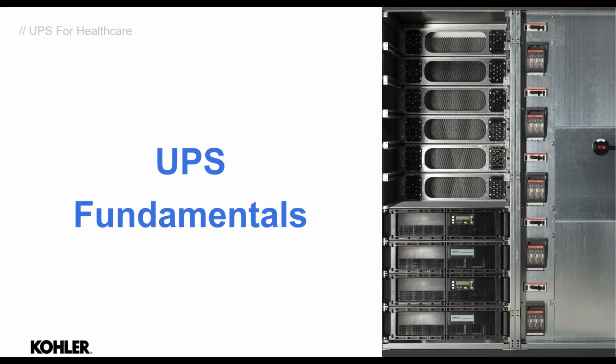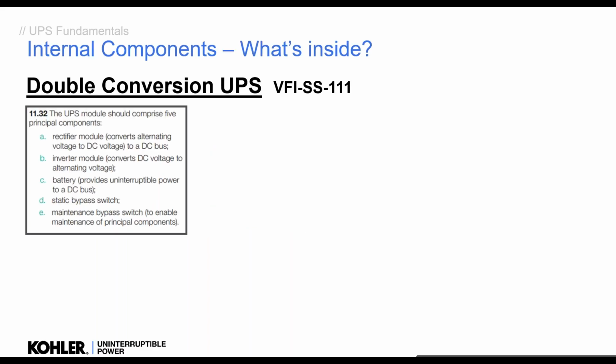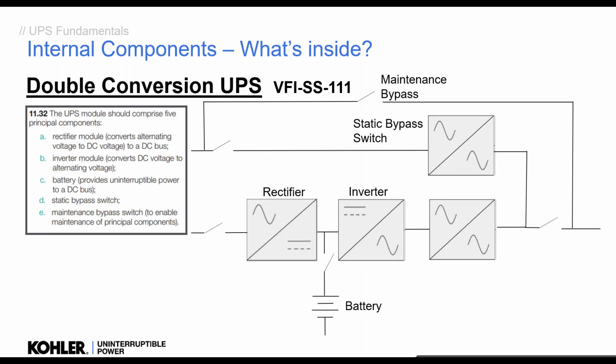So we'll have a look at some of the UPS fundamentals according to HTM, and they discuss double conversion UPSs, and these are known as VFI SS111, and we'll have a quick look at that in a minute. It says it must comprise a rectifier, an inverter, battery, static bypass, and maintenance bypass. These are typically arranged in a lot of UPSs like this.